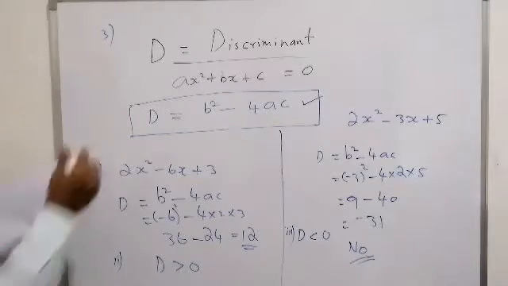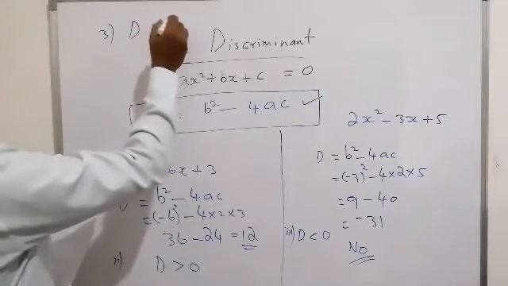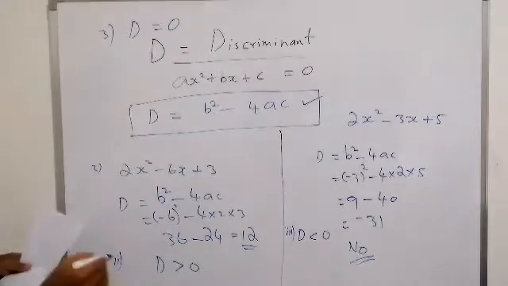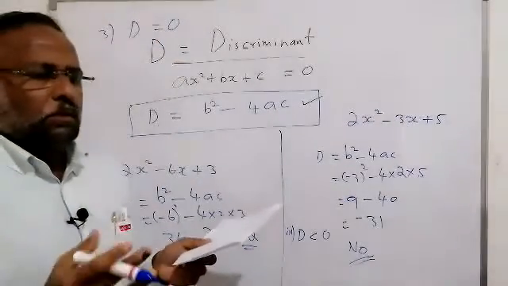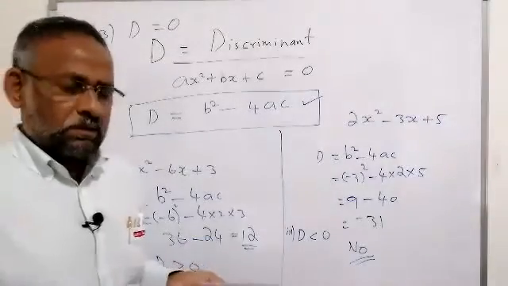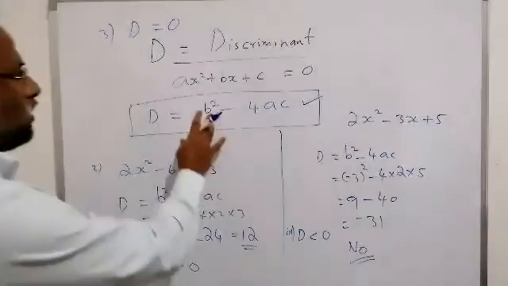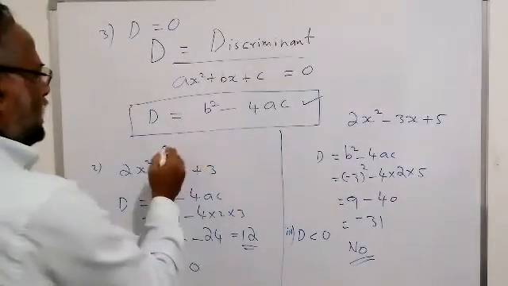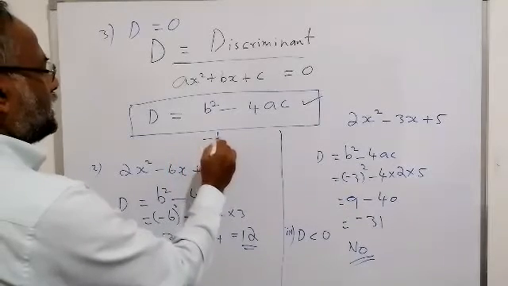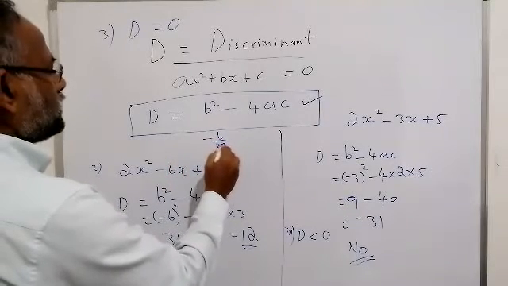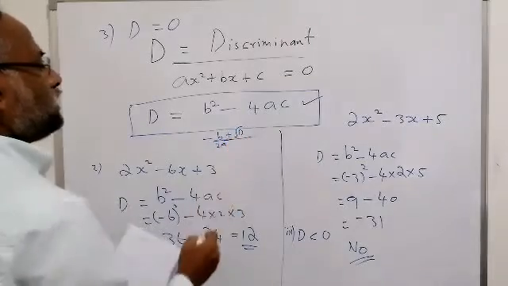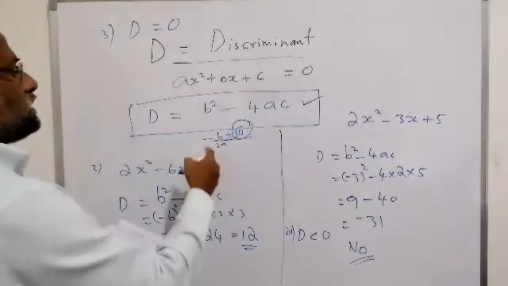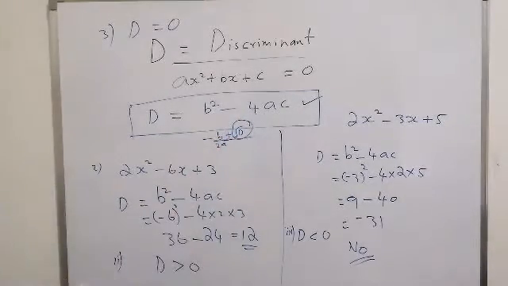When D is equal to 0, we get two repeating roots, same roots, because in the formula, minus B plus or minus root of D, with D being 0, the root will be minus B by 2a, repeating roots.